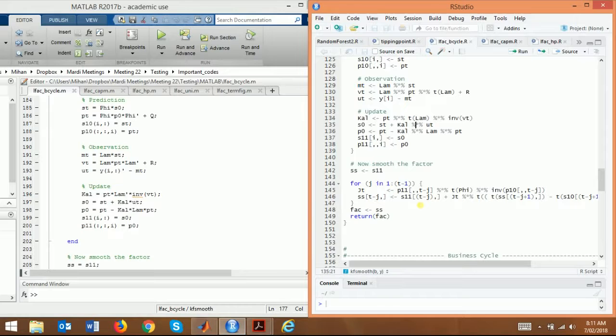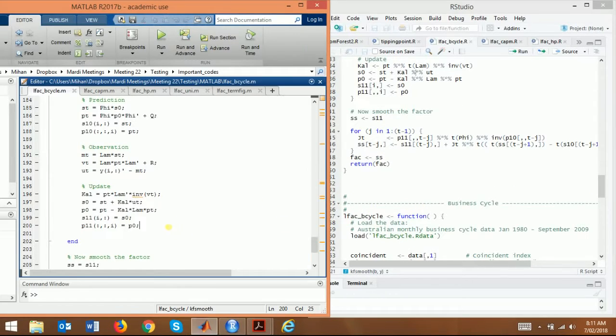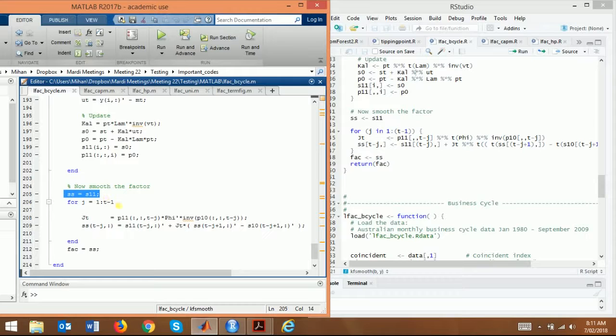Then the main loop, where the whole thing repeats again. The smooth factor, as we know, in SS will store S11, and J goes from 1 to T minus 1. That is the regular autoregressive structure, as we already know. So for J, we know P11, the inverse of P21.